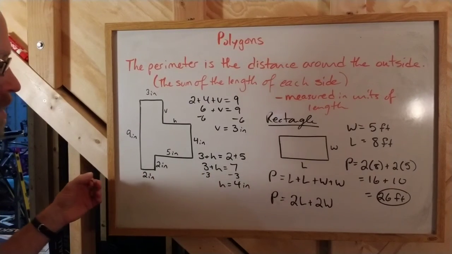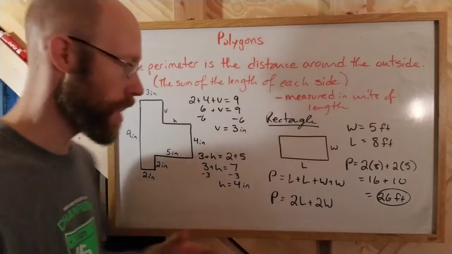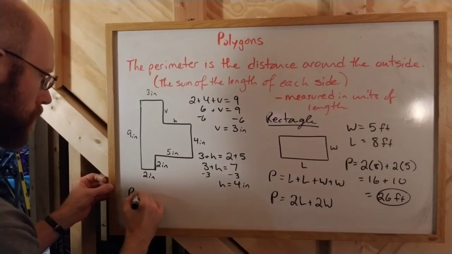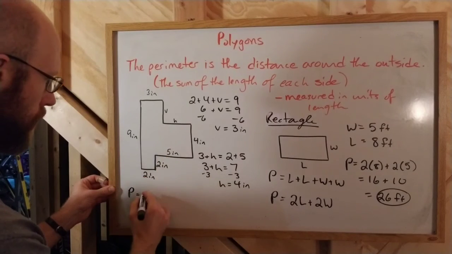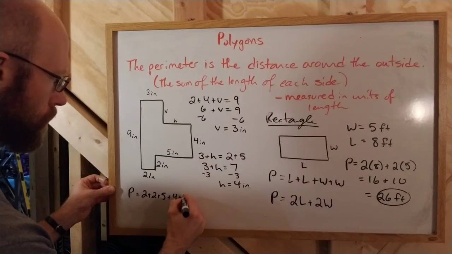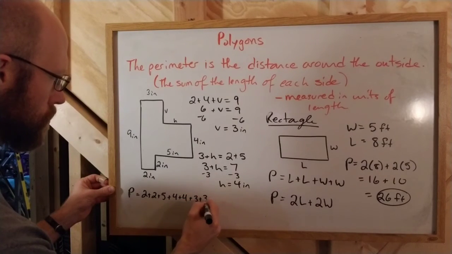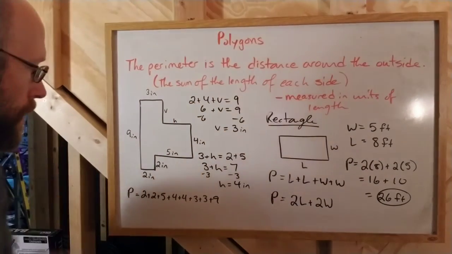And now my perimeter is the sum of all 8 of these sides. So the perimeter, I'll just work around here. 2 plus 2 plus 5 plus 4 plus 4 plus 3 plus 3 plus 9. That's going around counterclockwise from the bottom.